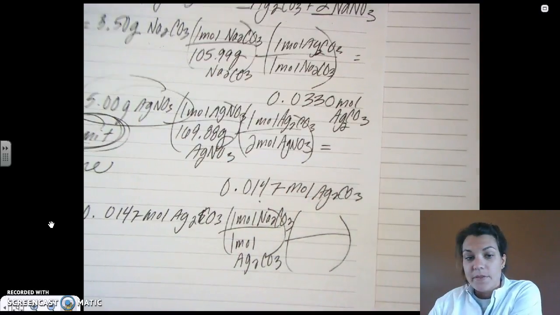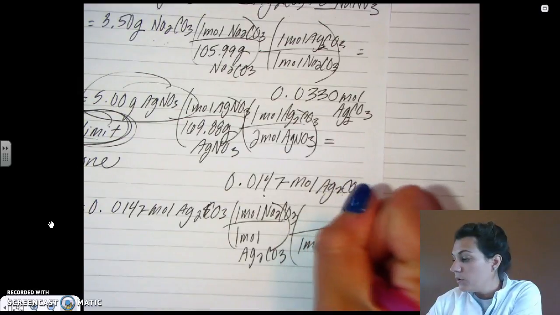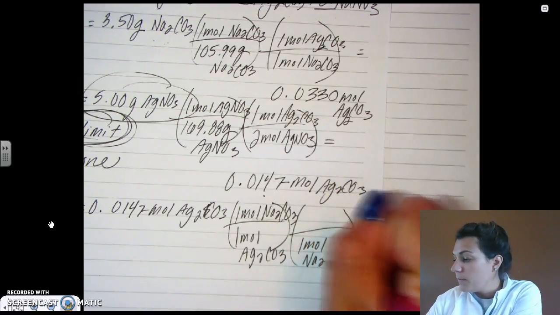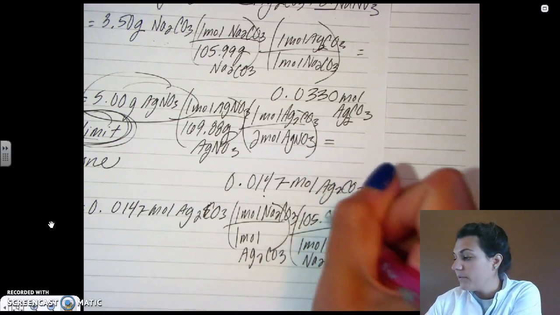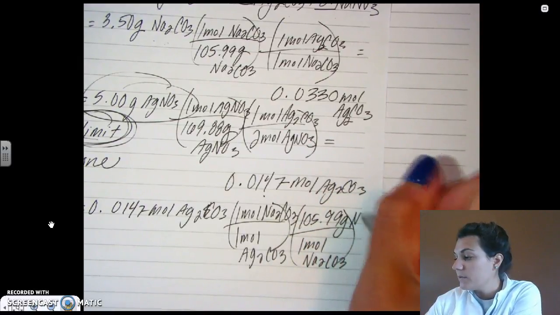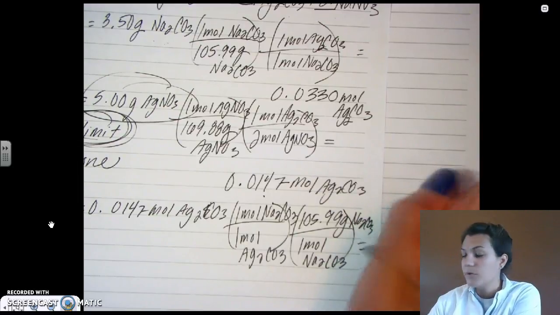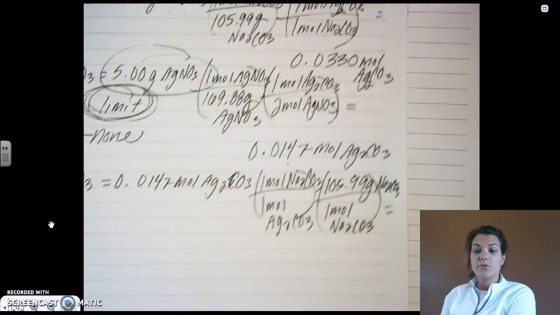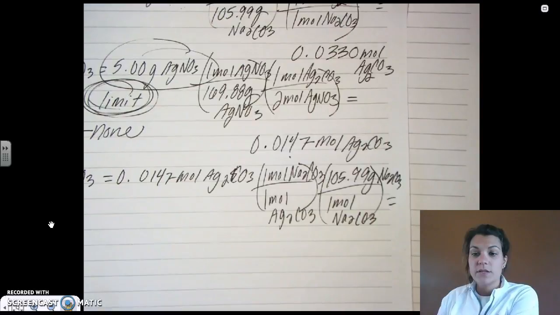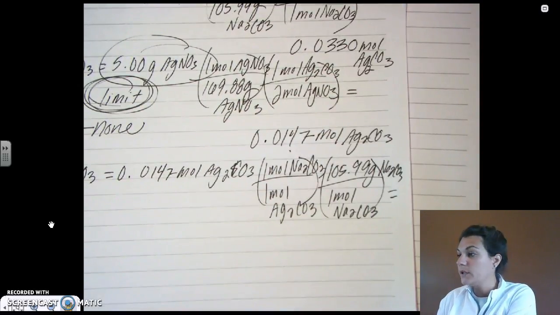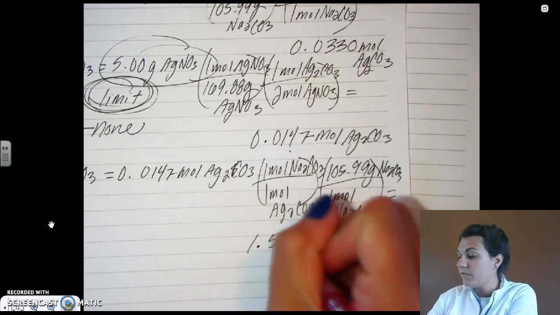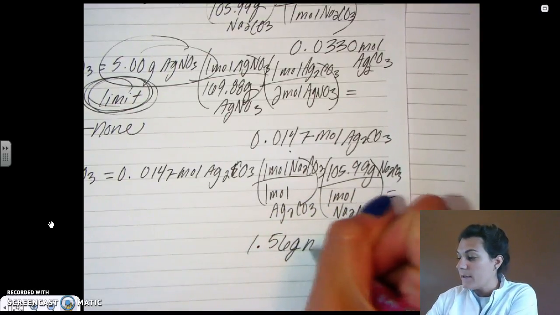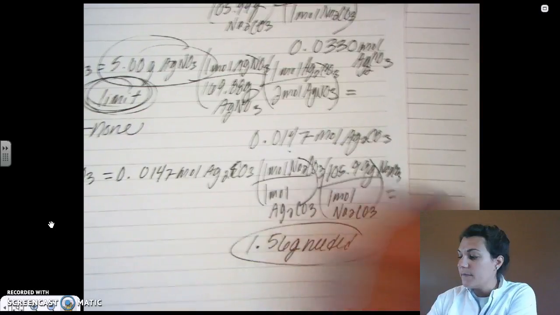And then for every 1 mole of sodium carbonate, it will weigh, which we already had before, 105.99 grams of sodium carbonate. And then I could do 0.0147 times 105.99. And if I plug that into my calculator, that's going to give me 1.56 grams, and that's needed.